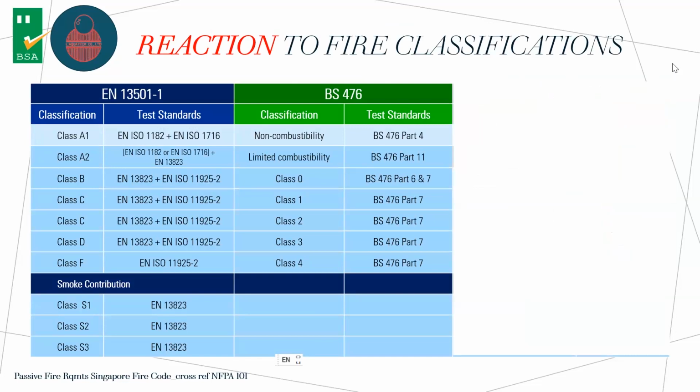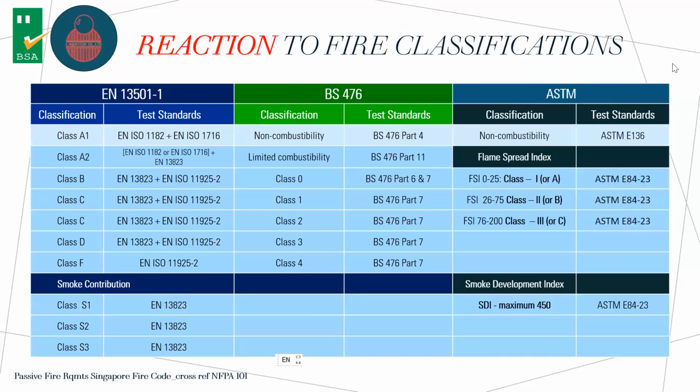How do I compare this with the American standard? The American standard has a very similar way to describe the reaction to fire. But I think one of the common descriptions of the highest performance is non-combustibility.